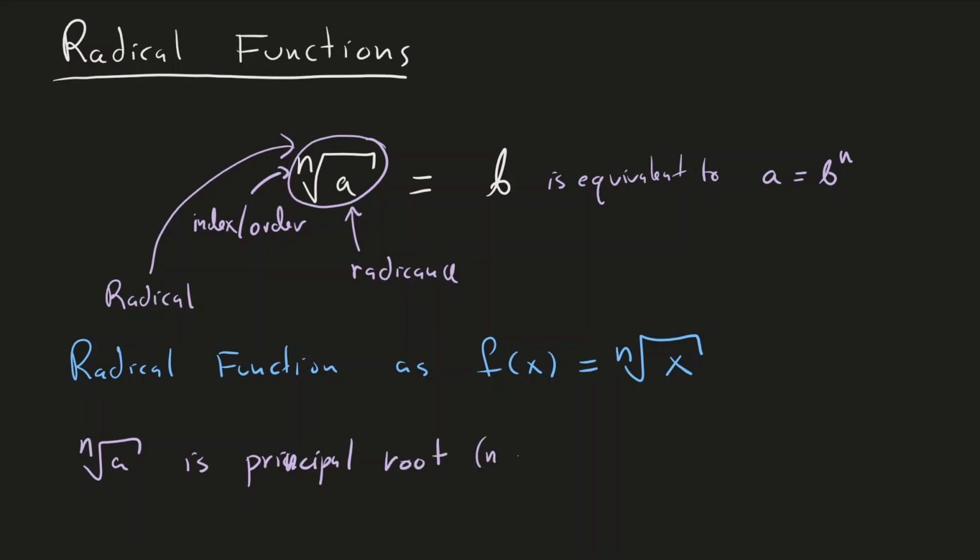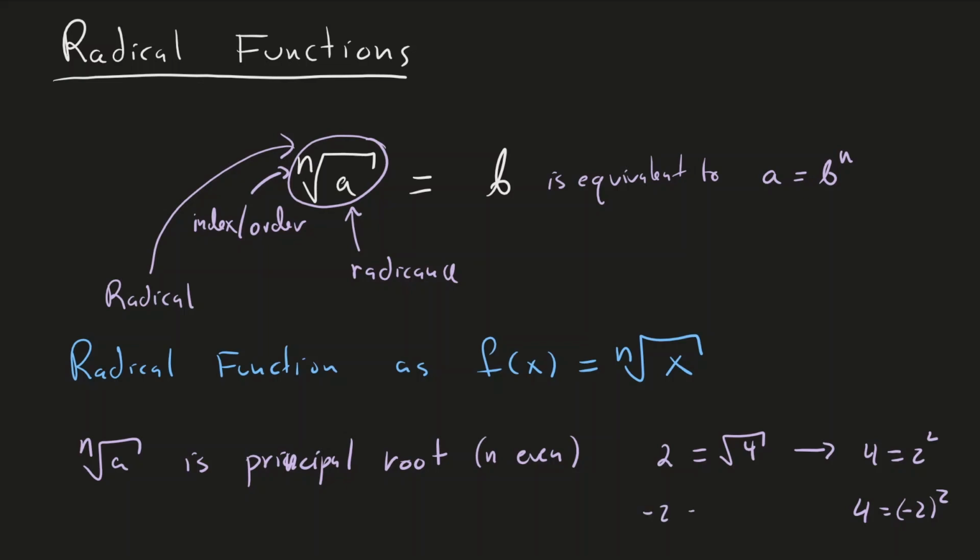With n being even. That is due to if you have, for instance, 2 is equal to the square root of 4. If you translate this to the exponential, 4 is equal to 2 squared. 4 is also equal to negative 2 squared. That gives us two possibilities for the square root.